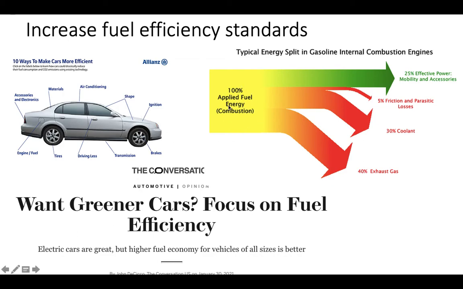We know from the second law of thermodynamics, of all the gasoline that we put in the car, a lot of it is lost as heat and friction, and some of it actually for coolant for the AC. Only about 25%, if your car is really efficient, goes towards moving the car forward. A lot of that energy is lost. So if we can increase this green number here, we'll make the car more efficient and reduce energy waste.